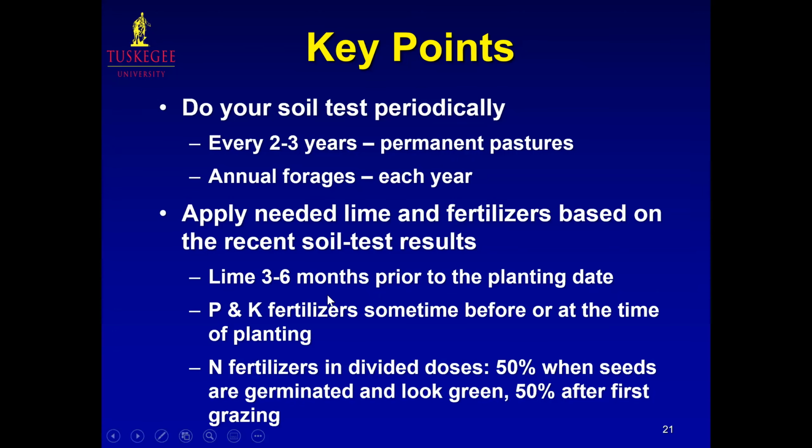Phosphorus and potassium fertilizers, apply sometime before planting or at the time of planting, based on which works better for you. Nitrogen fertilizer, apply in divided doses, 50% when most of the seeds germinate and the field looks green, and the remaining 50% after the first or second rotational grazing or the hay cutting.